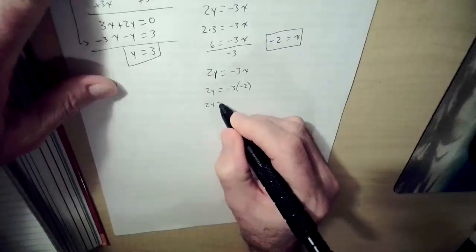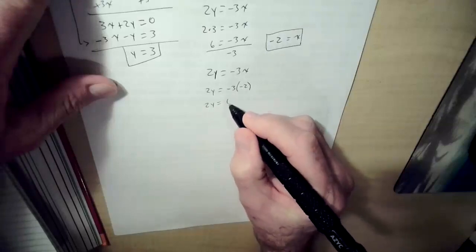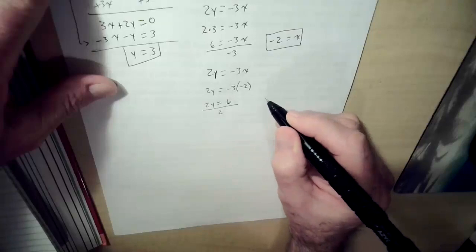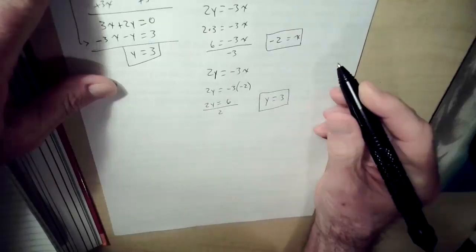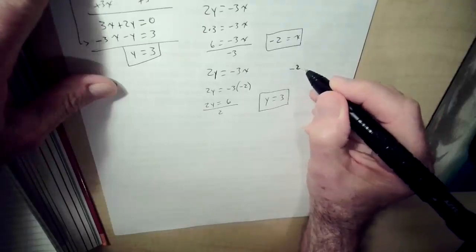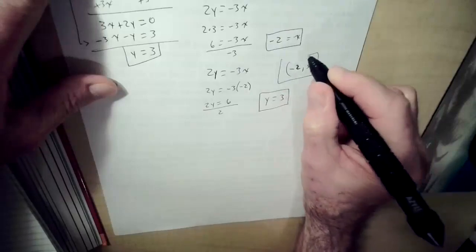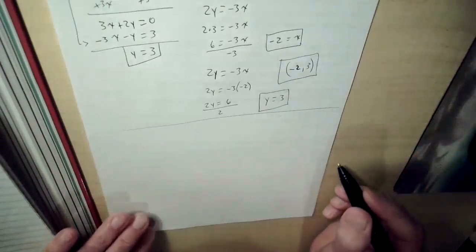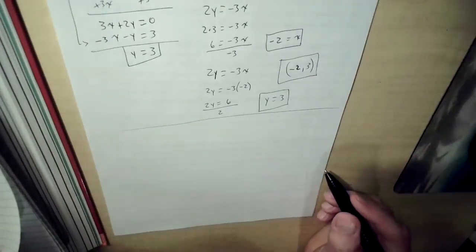Please tell me if I am. So 2y equals negative 3 times negative 2, which is a positive 6. Negative times a negative is a positive. Divide by 2, y is 3. So our solution here is negative 2, comma, 3. Okay.